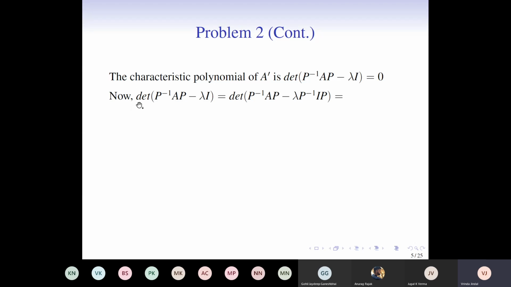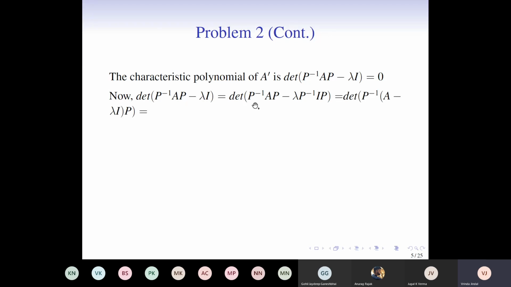Now we apply some properties of the determinant function. P is invertible and P inverse P is I by definition of inverse. So just like that, I could be written as P inverse IP. Both these expressions are the same.